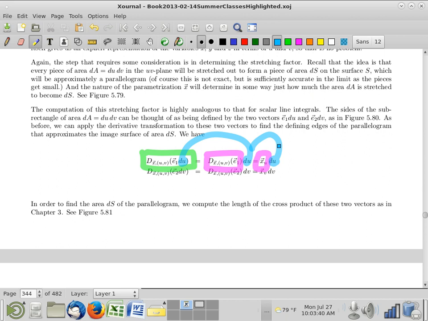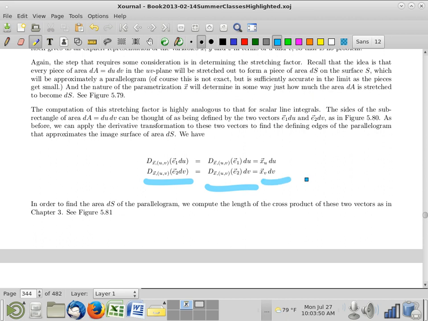Does everybody follow that? Likewise for the second vector. Now, I'm not going to go through this because you can see how very similar that calculation is. It's just that now it's the second standard basis vector, and so you get a partial with respect to the second variable.